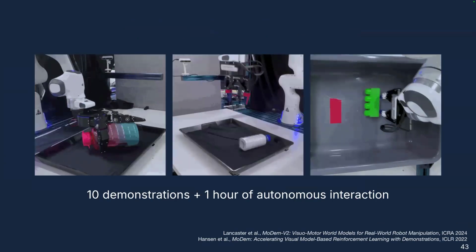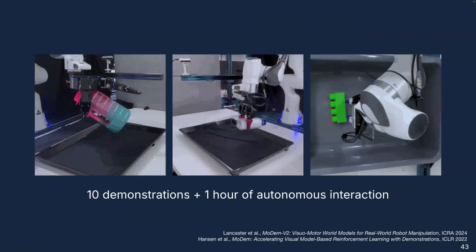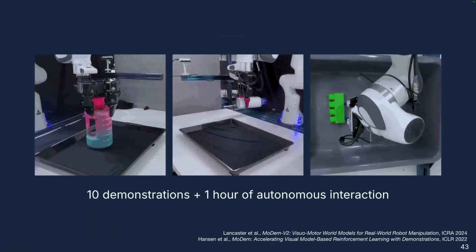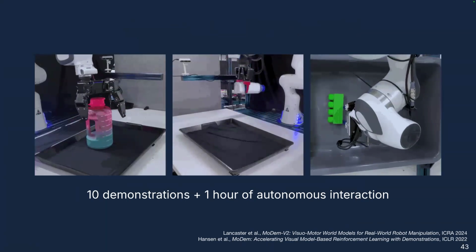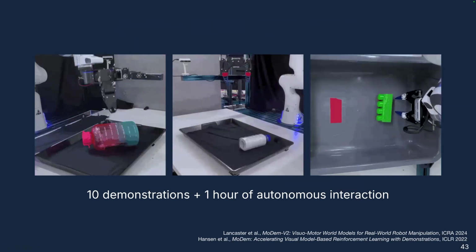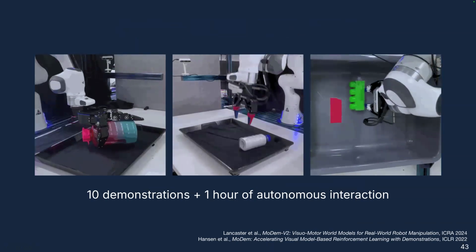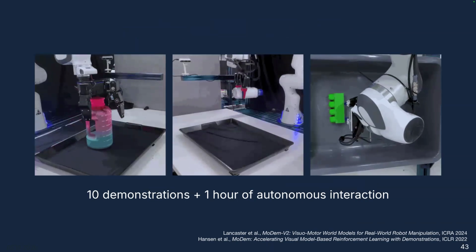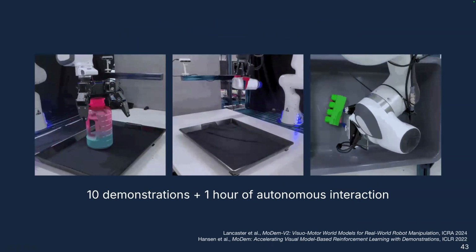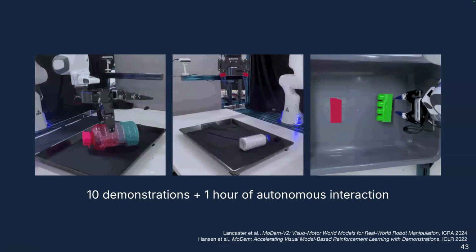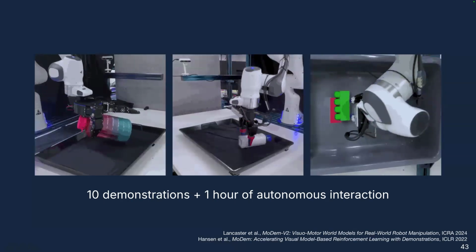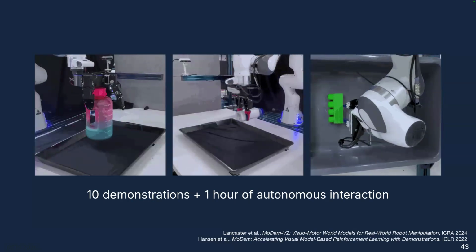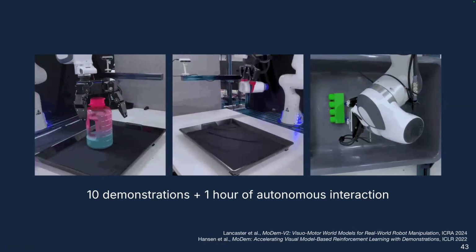Here are some results from a couple of particular works that we did, where we have a robot in a lab, again the bottle task that we saw earlier. We have a success detector that is just binary, detecting whether the task is solved or not, and we predefine this success detector. The world model and the robot are controlled using just plain RGB inputs.